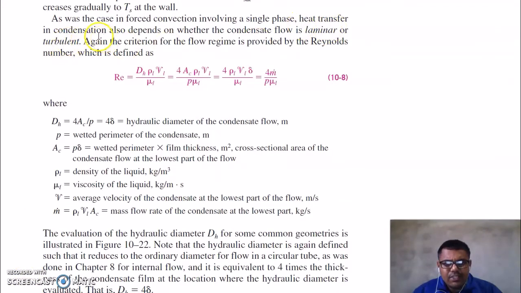Heat transfer in condensation also depends on whether the condensate flow is laminar or turbulent. So we have to find the Reynolds number, and for that we have to find the hydraulic diameter, and so the perimeter and cross section area. The perimeter is the wetted perimeter of the condensate, and the cross section area is equal to the wetted perimeter times the film thickness.